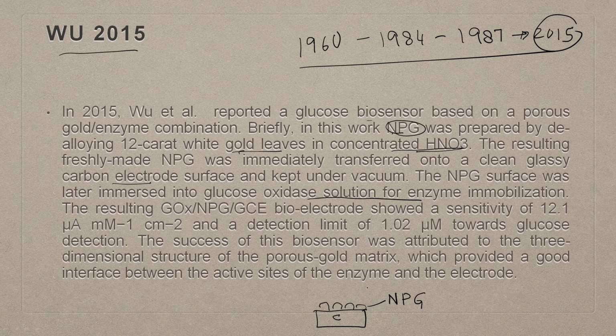So, now on this whole thing you are immobilizing the glucose oxidase. So, this whole complex is GOX, NPG and GCE, which is glassy carbon electrode, nanoporous gold and glucose oxidase bioelectrode, and it showed a sensitivity of 12.1 microampere and a detection limit of 1.02 micromolar towards glucose detection.